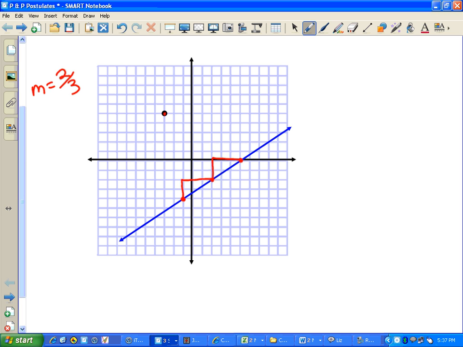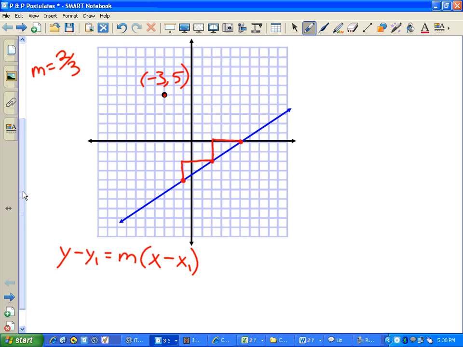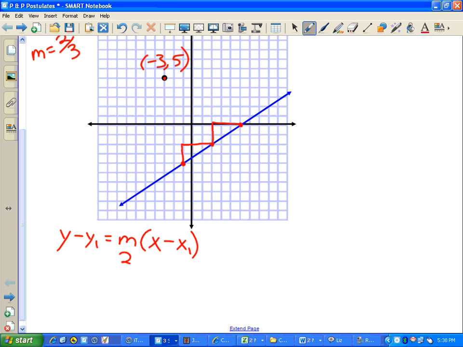I've got this point here. This point is at (-3, 5). So I can use that information to write the equation of the line. So I'll do y minus y1 equals m times (x minus x1). Since I want parallel, I'm going to use the exact same slope. So my slope is still going to be 2/3.